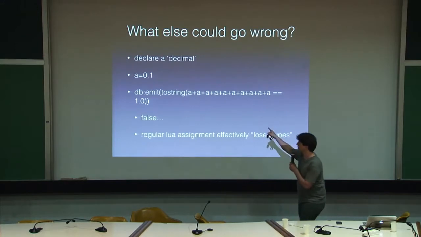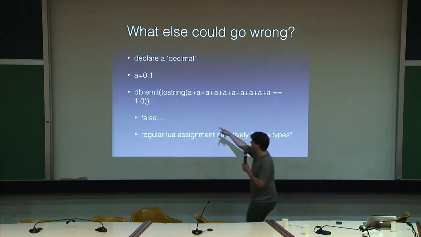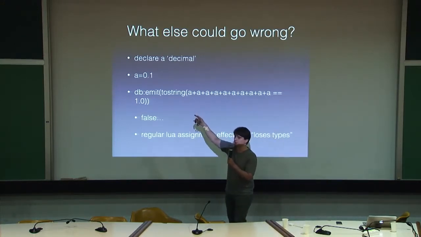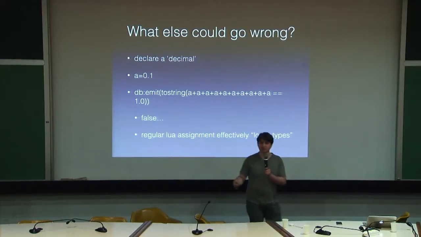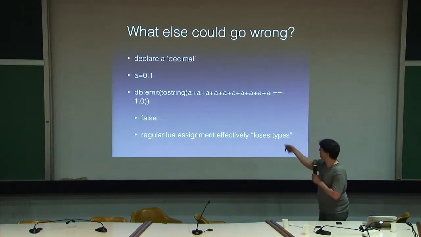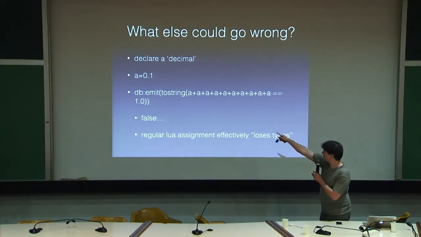I screwed up again, because what just happened there? This is how Lua works. Obviously, it's not doing anything wrong. This is me not understanding Lua clearly, but that's now a number, right? It's not a decimal anymore. That's what Lua does. So to the confused programmer, it's like you've lost your type in some sense, because you just made an assignment in Lua.